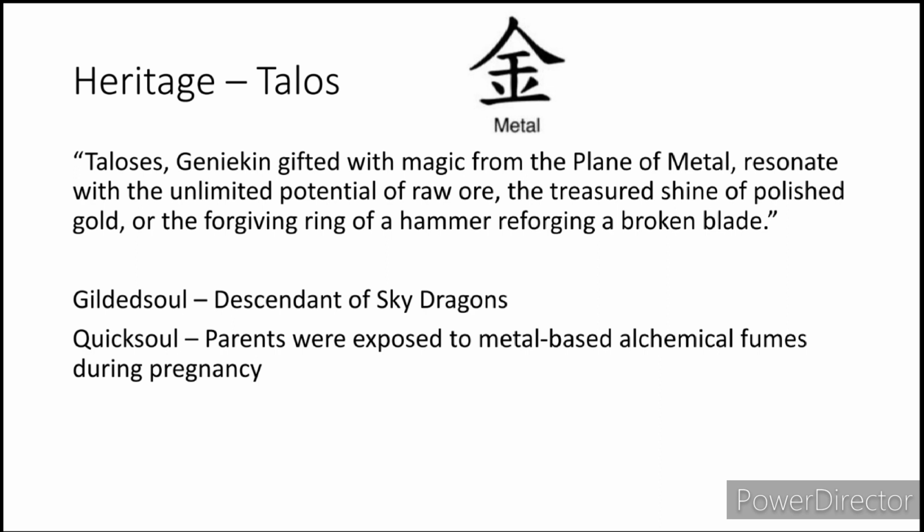The quick soul's weird, because how does that happen? Parents were exposed to metal-based alchemical fumes during pregnancy, and then you were born. What? I mean, I've heard weirder, but as far as this goes, this is kind of weird.